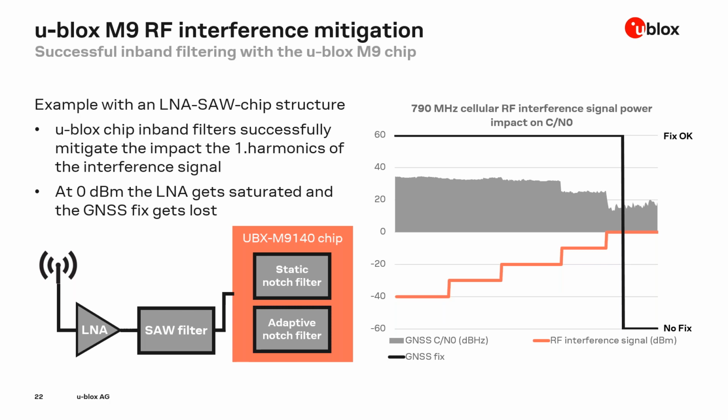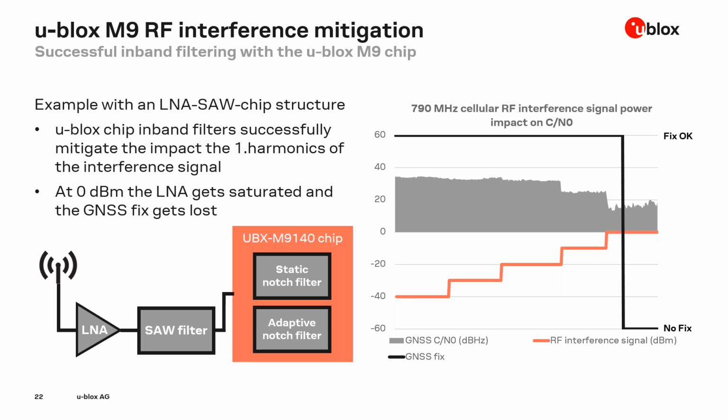But if we look now at the black line, this indicates if the receiver provides a GNSS fix, so position or time or velocity information, or not. So it can still provide this information. But then the last step we show there with the red line goes to 0 dBm. And there the signal to noise ratio again reduces to below 20 dB-Hz, and the GNSS receiver loses the fix.